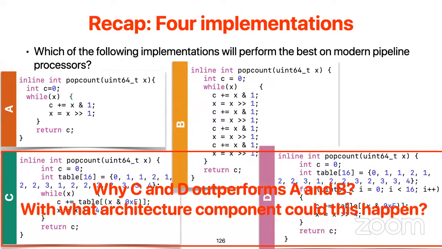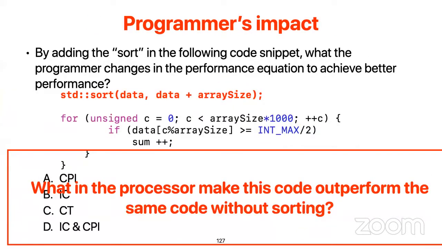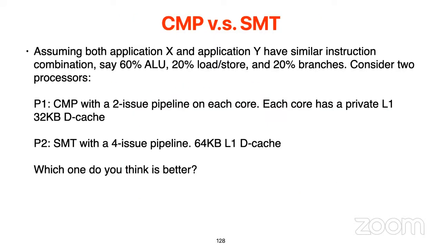Another thing: what makes adding a sort more efficient? What architectural support makes that happen? As a programmer, you have to know that if I'm working on a processor with this, it's reasonable to do, but if I don't have those things, it's unreasonable to do. Again, this question we asked in the last lecture.